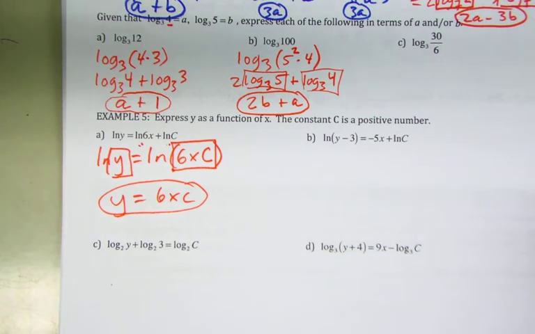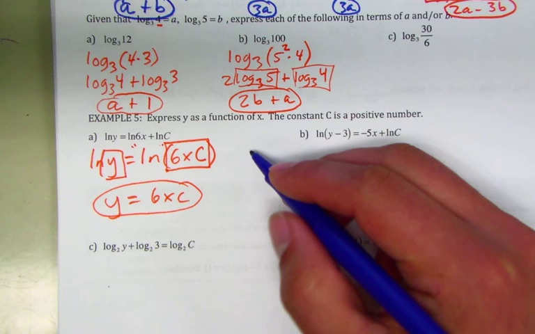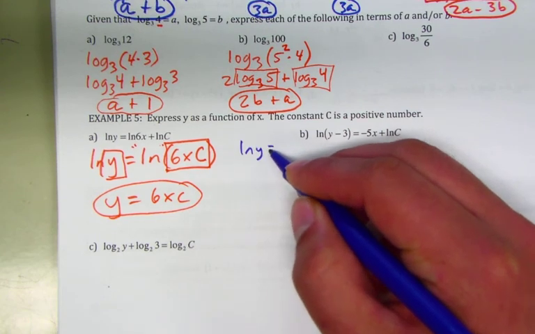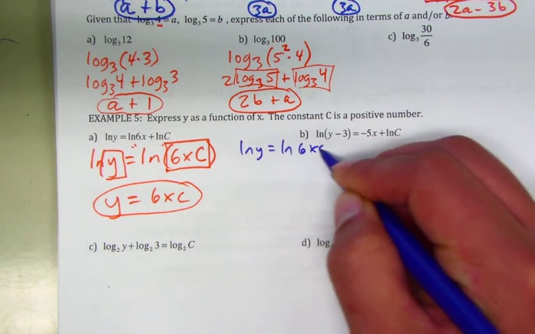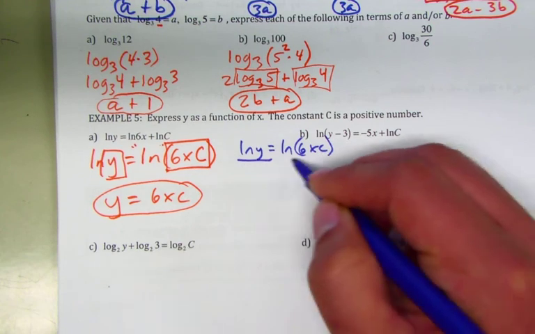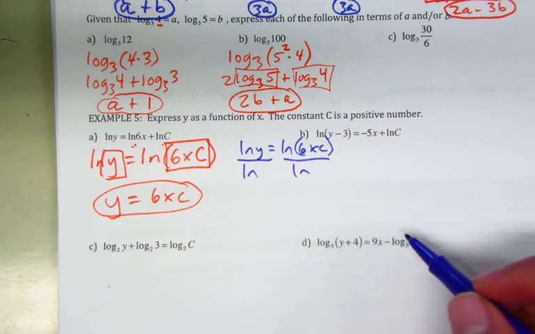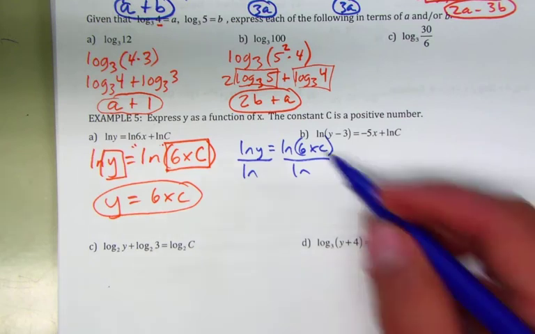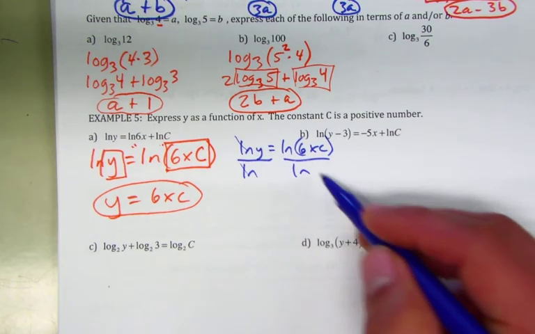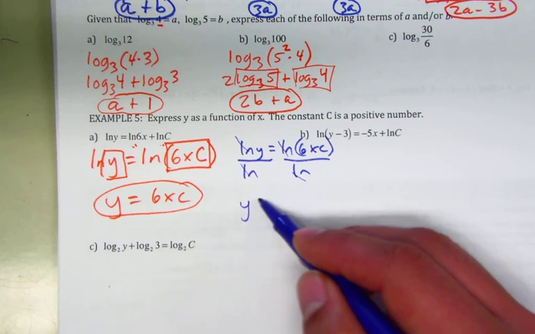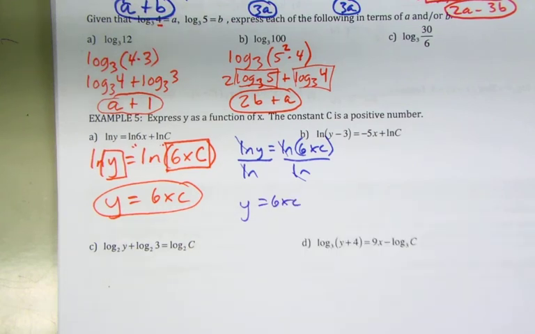So what David's saying is, could you say, let me just rewrite it again. Divide by natural log, right? It looks very tempting to do. Agreed? And then it looks like, oh, cancel, right? And then you get y equals 6xc.